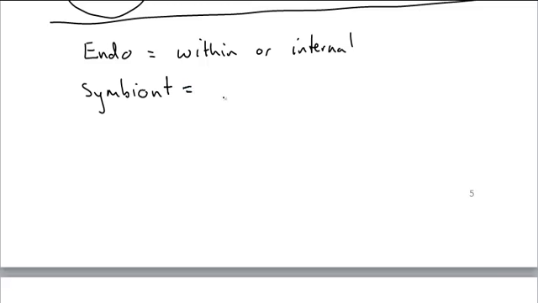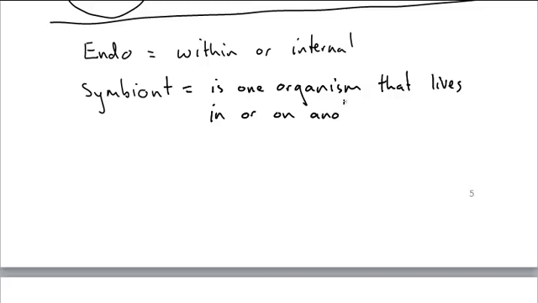A symbiont is one organism that lives in or on another without harming it.